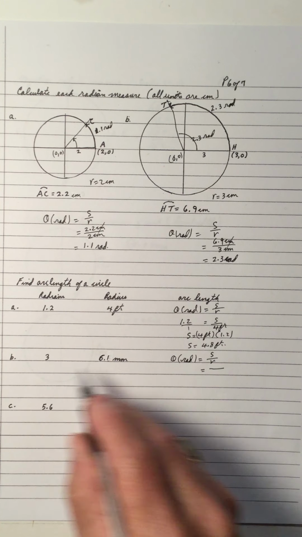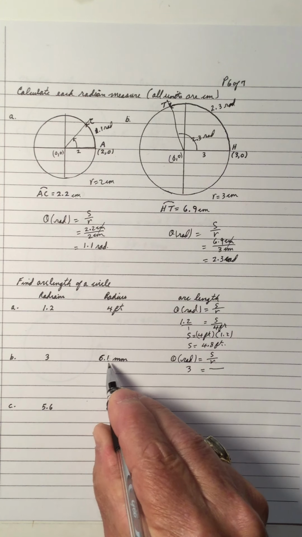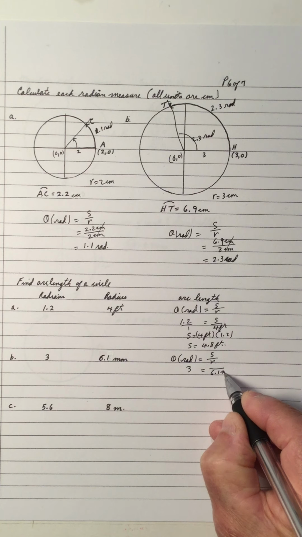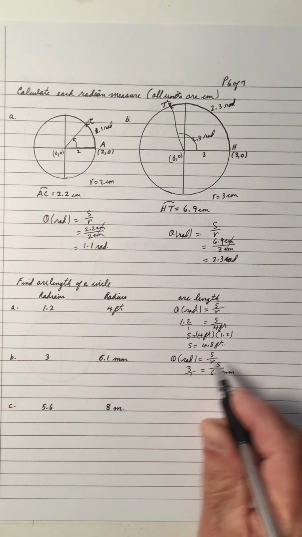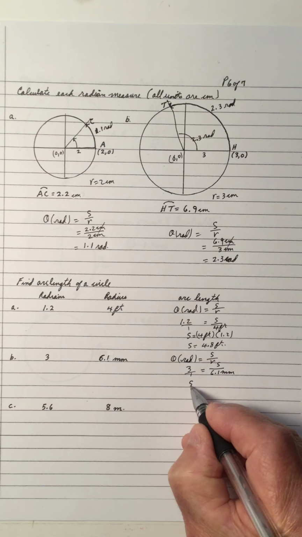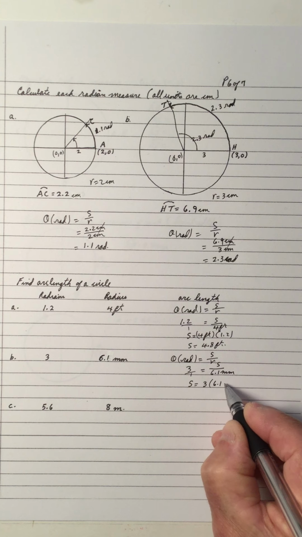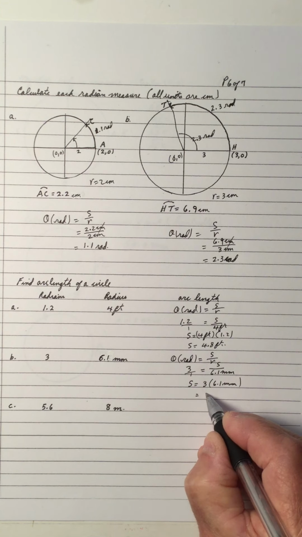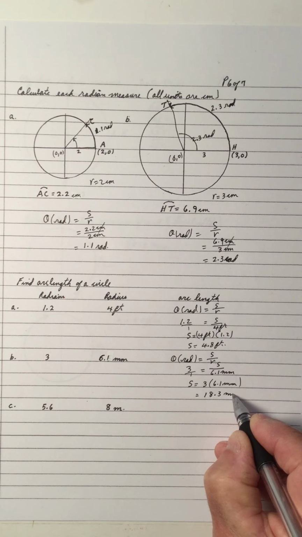The radian measure is 3, and the radius is 6.1 millimeters. So what's the arc length? Put it over 1, cross multiply. 1 times s is s. So we get 3 times 6.1 millimeters, and that gives us 18.3 millimeters.